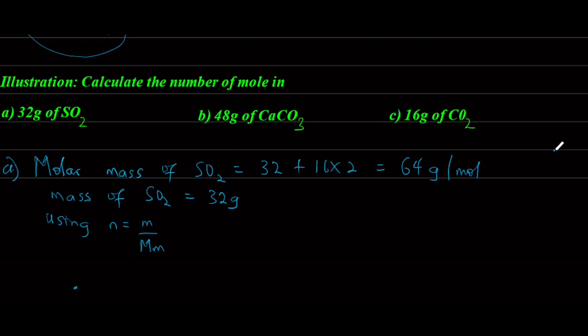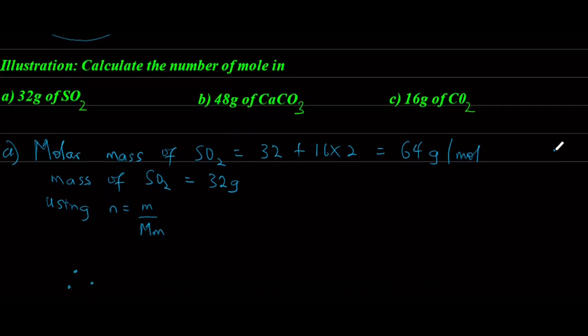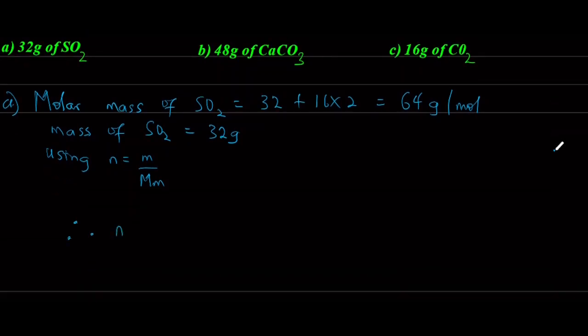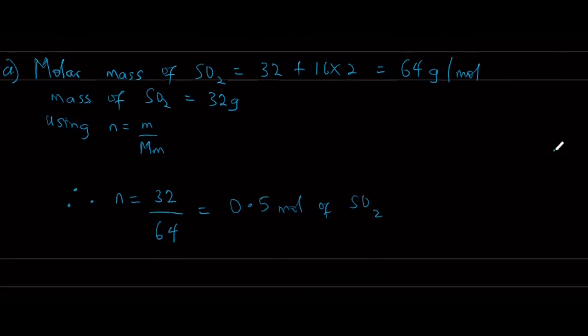So n is equal to the mass given, 32 gram, over the molar mass we have solved, 64 gram, and that will give us 0.5 mole of SO2. This simply means that if the mass is 32 gram, the number of moles is 0.5 mole. Now let's use another approach to solve this same question.